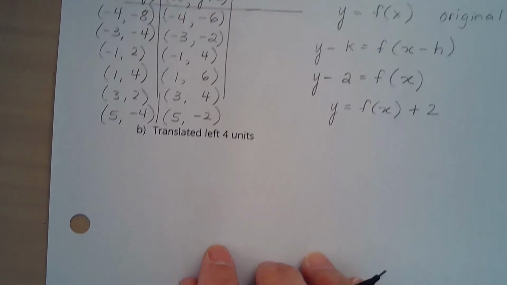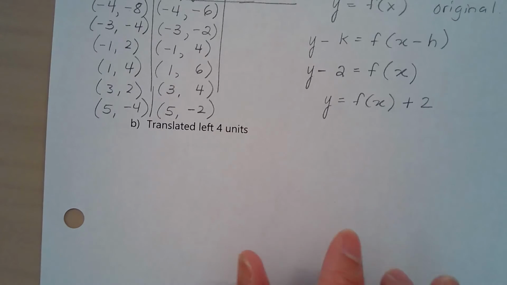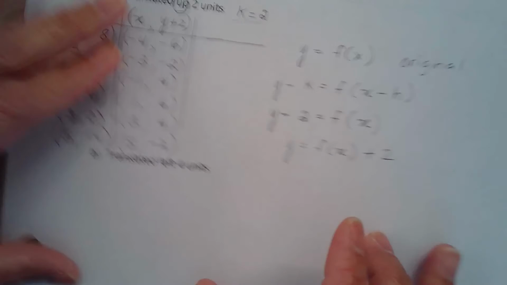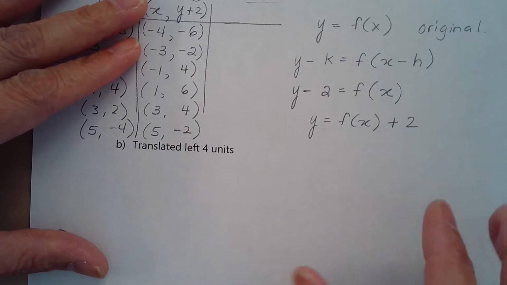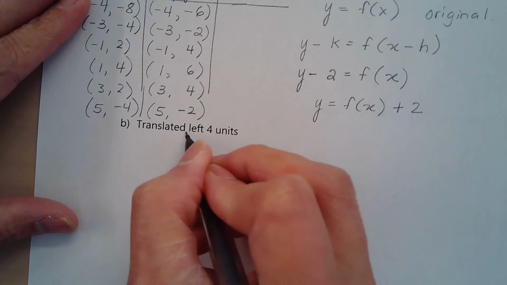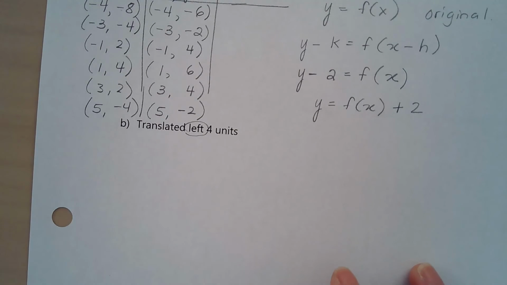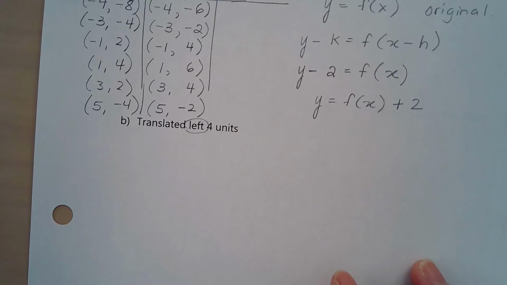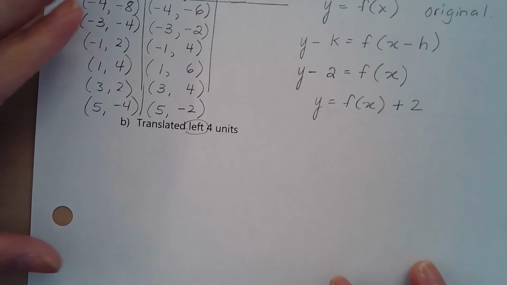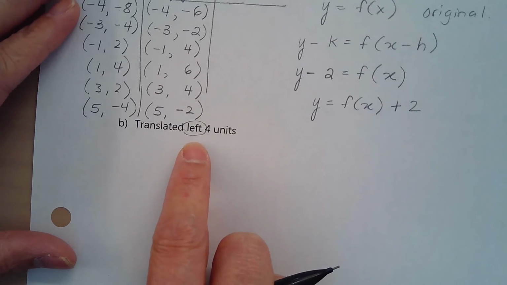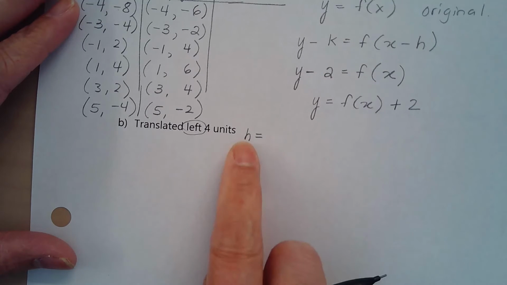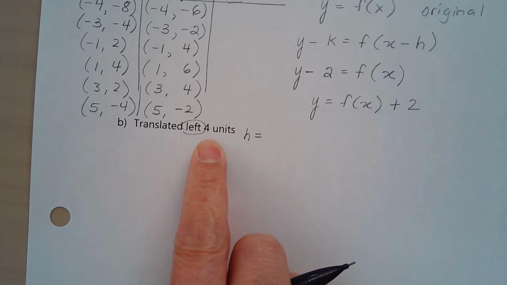Let's take a look at letter B. Letter B says here, the function f of x is translated left 4 units. Left 4 units. Because it says left, which one are we going to look at, the k or the h? The h. h is a horizontal translation. Because it's left 4, what is the h value?